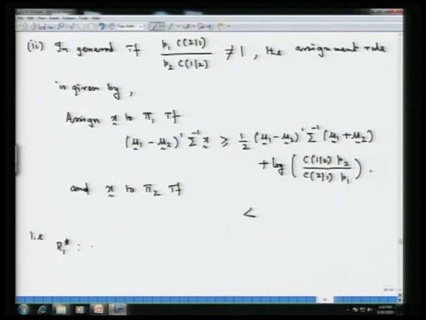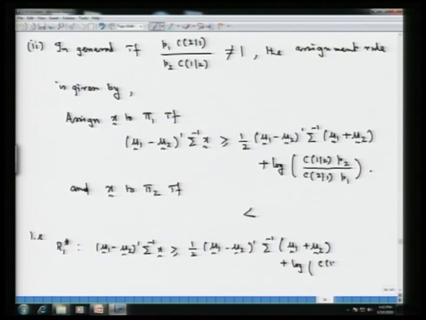So, this region is the set of all x's for which this quantity mu 1 minus mu 2 prime sigma inverse x is greater than or equal to half times mu 1 minus mu 2 prime sigma inverse mu 1 plus mu 2, plus log of C 1 given 2 times P 2 divided by C 2 given 1 times P 1.